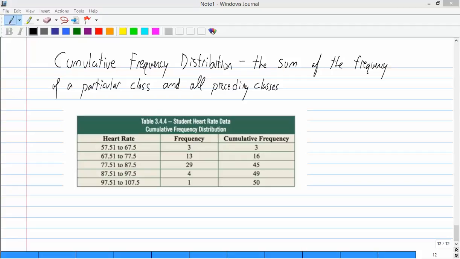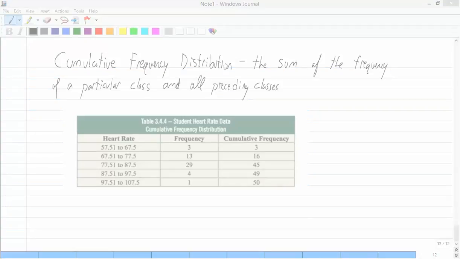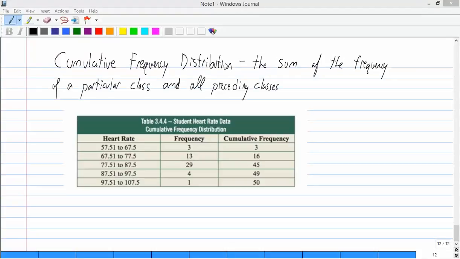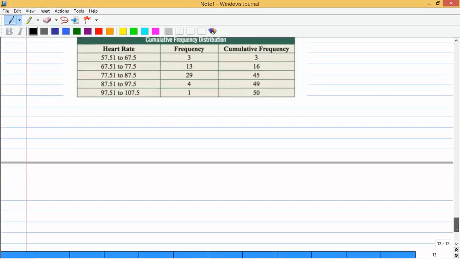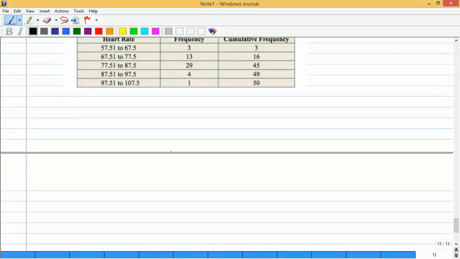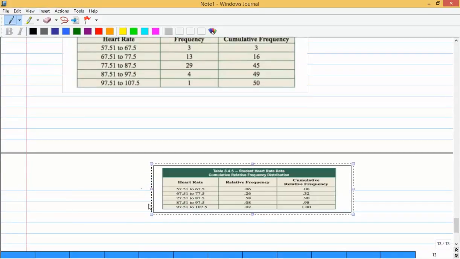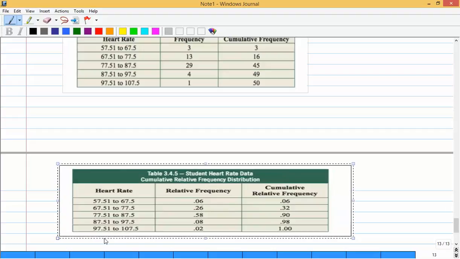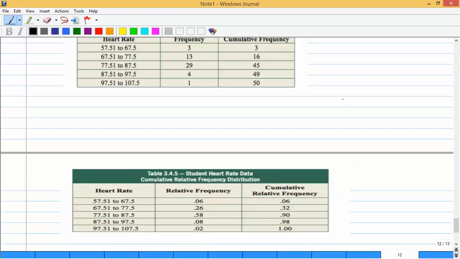Now, if you took that cumulative frequency table and you figured out a decimal for each one of those, part over total, then you would have a cumulative relative frequency distribution.